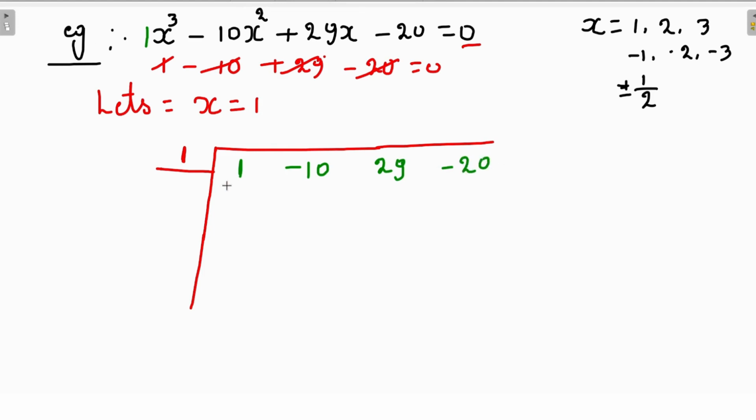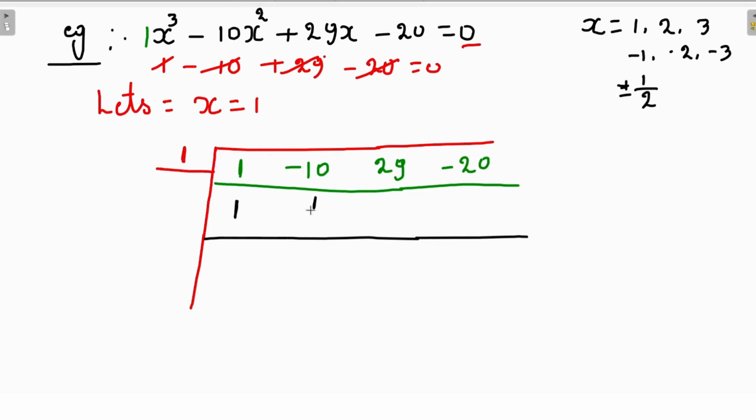Now, very important steps, observe here. Basic method first, then examples. Write the first digit as it is. Then 1 into 1, 1, write down here. Then do addition: minus 10 plus 1 will be minus 9. Now 1 into minus 9 will be minus 9.